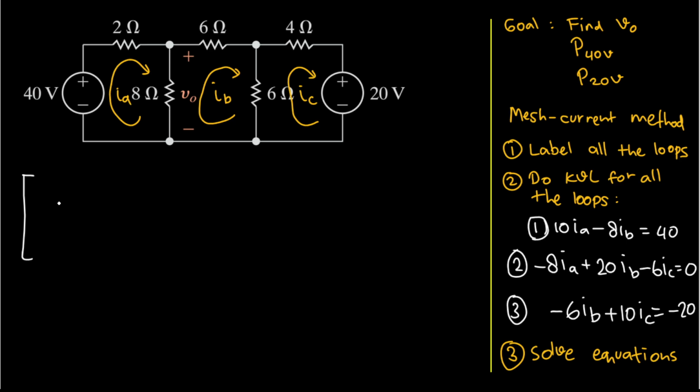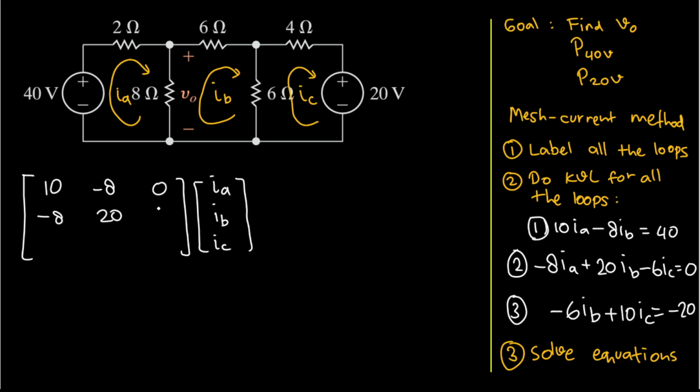So we will have 10 and then minus 8 and then 0 here, right? From the first equation. And this will be IA, IB, and IC. Good. And then the second row will be minus 8 and then 20 and then minus 6.